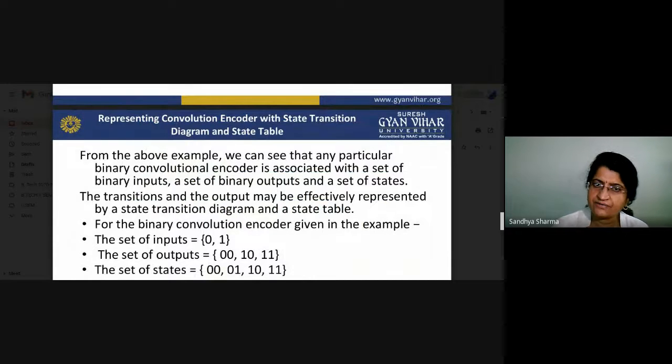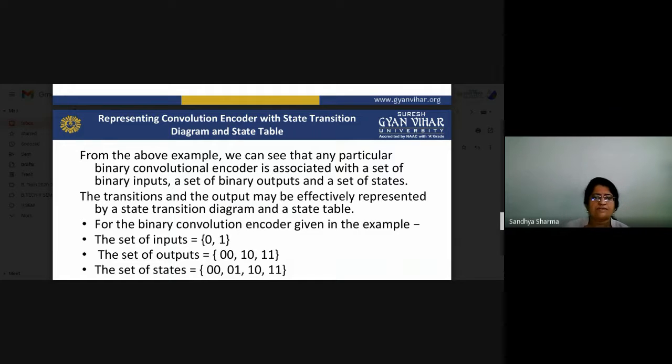Now what about the state transition diagram and how can we make it? As we have seen in our above examples, any particular binary convolution encoder is associated with a set of binary inputs, a set of binary outputs, and a set of states.